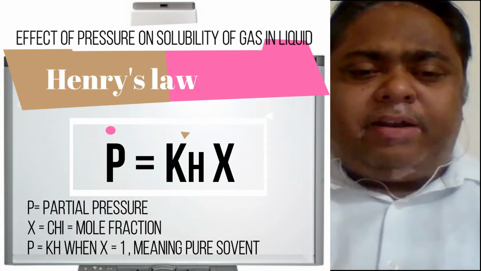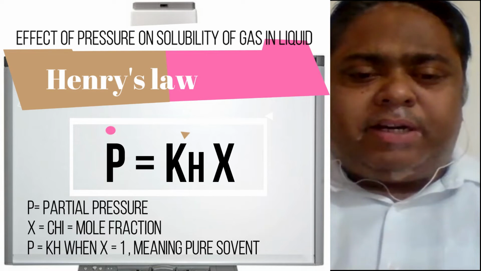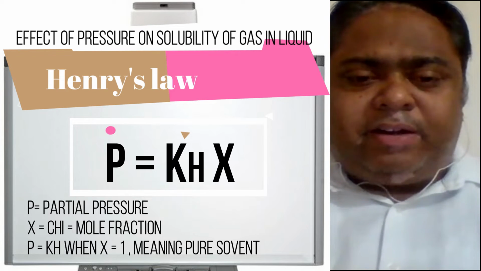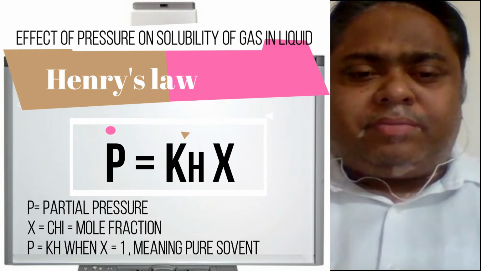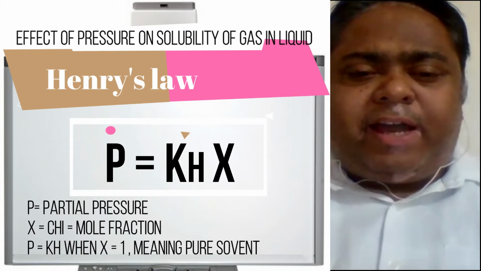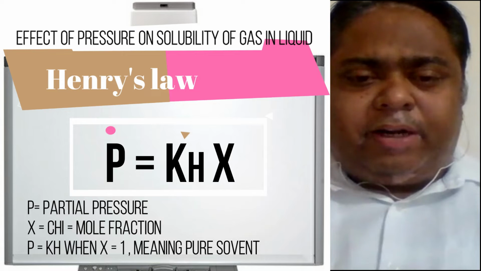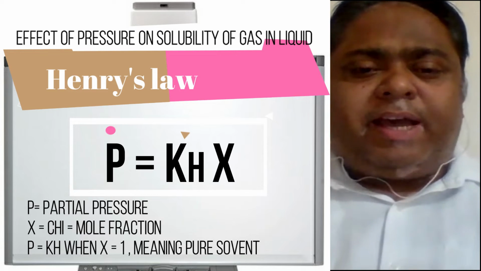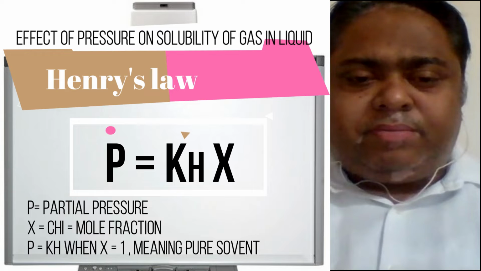In order to define Henry's law constant Kh, P is equal to Kh into X. Kh can be defined as the pressure of a gas at a particular temperature on a liquid when the mole fraction of the gas is unity.